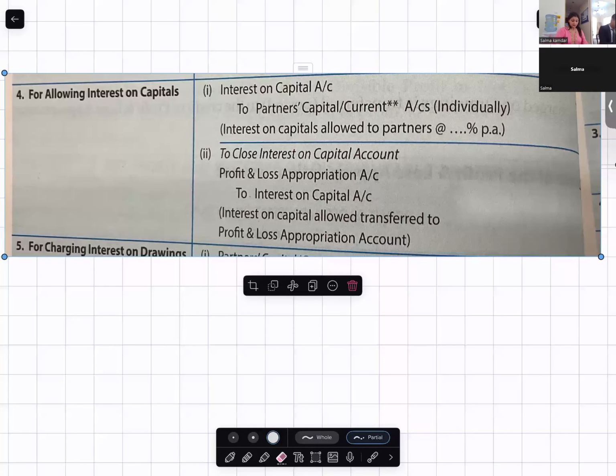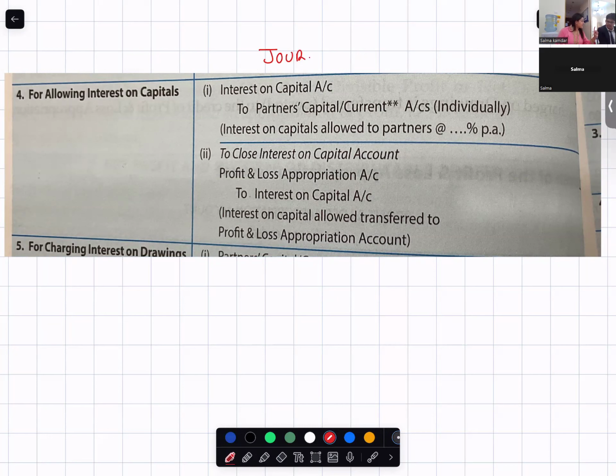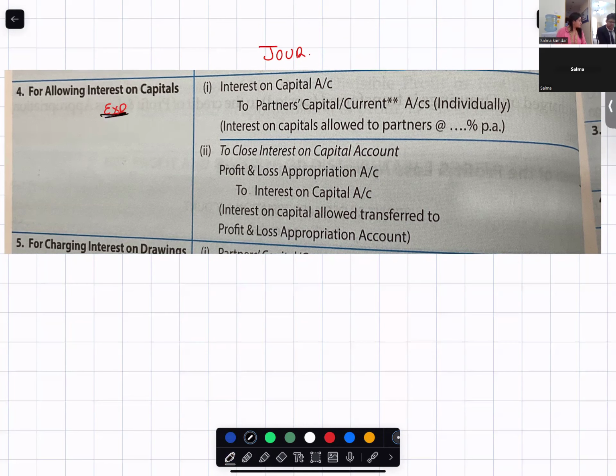Now, giving you journal entries for interest on capital. Interest on capital is an expense for the firm. What is the rule for nominal account?